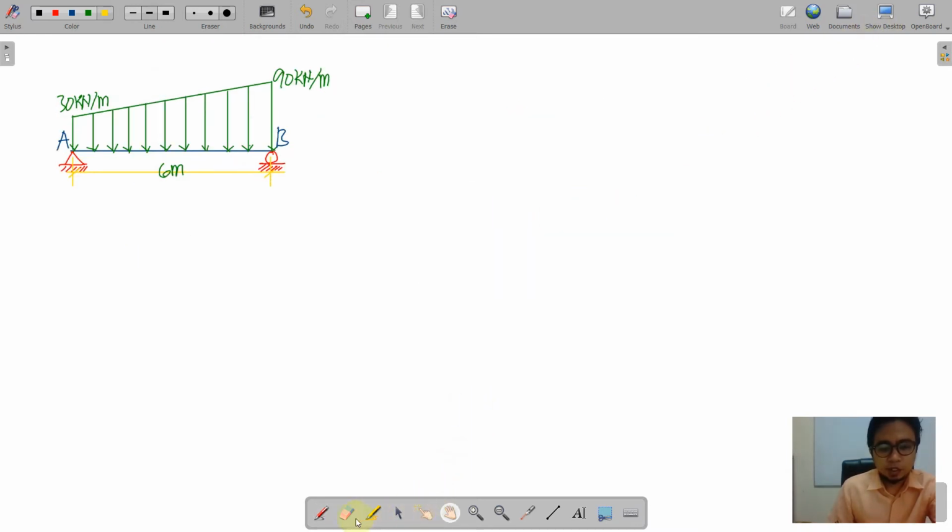Okay, moving on to this next problem. This is a trapezoidal load. So basically you need to divide this into its composite areas in a way that it is a triangle or a rectangle. So one option is divide this into rectangle and triangle, okay? Or you might want to divide this into two triangles, okay?